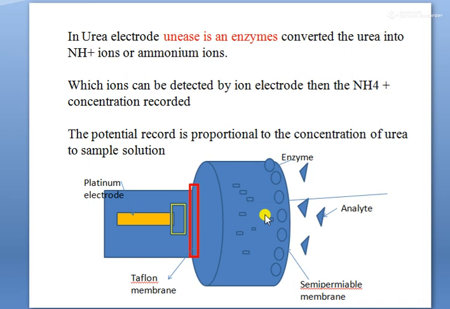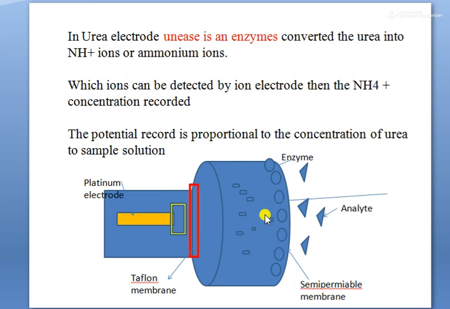That means when we use urea as the analyte, it reacts with the enzyme urease, and after reacting it produces NH4 plus, that is ammonium ions, which can be detected by the ion electrode or transducer. Then the NH4 plus ion concentration is recorded.